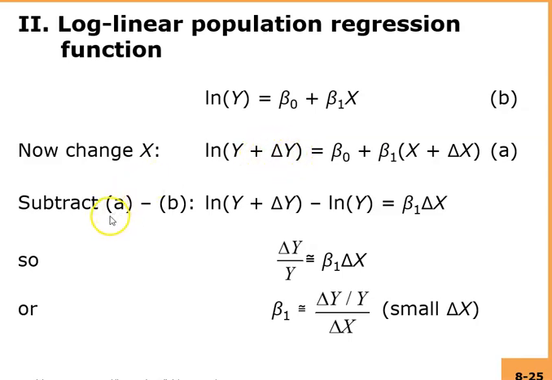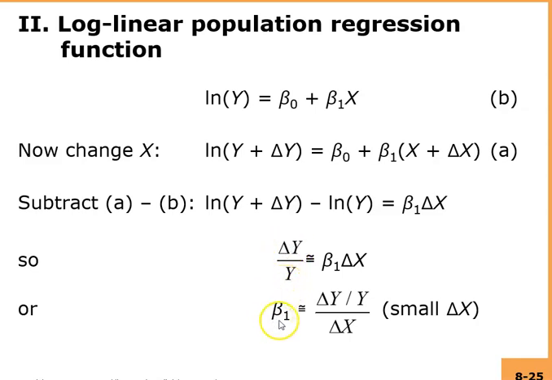If we subtract A minus B, the after minus before equation, we get this identity over here, which simply means that this part of the identity, ln(y + change in y) minus ln y, can be simplified to change in y over y.